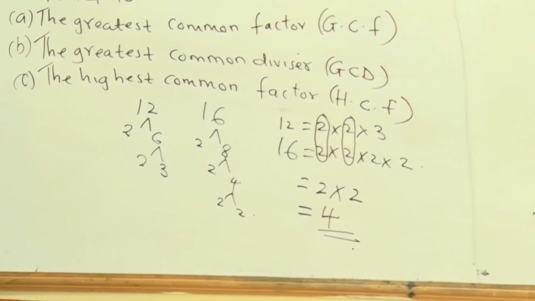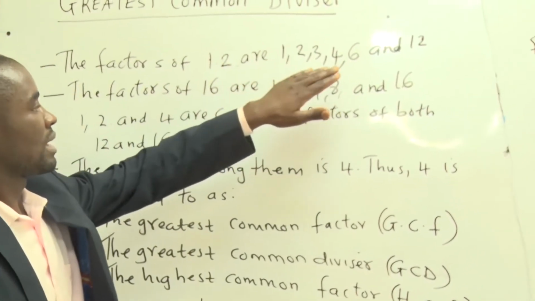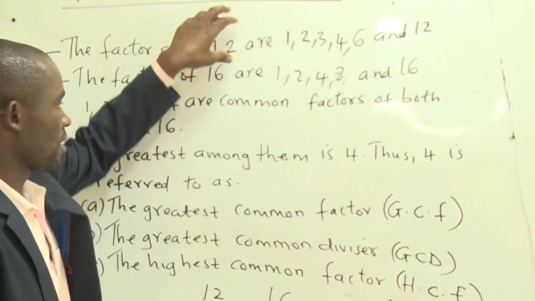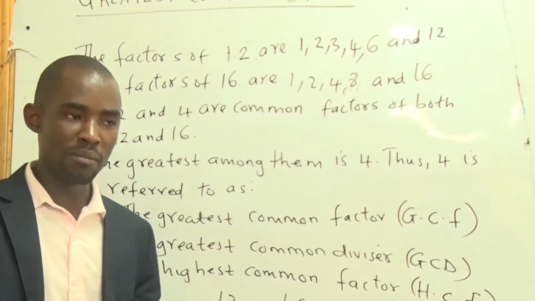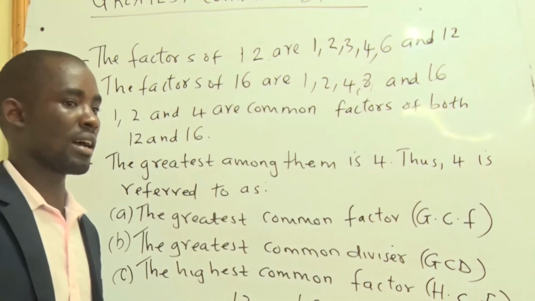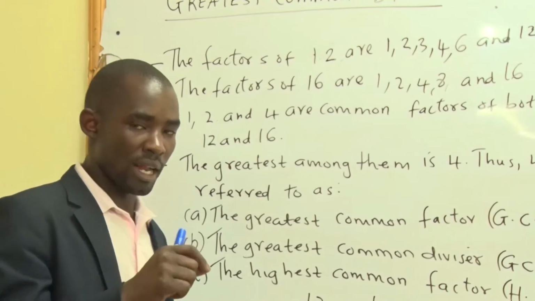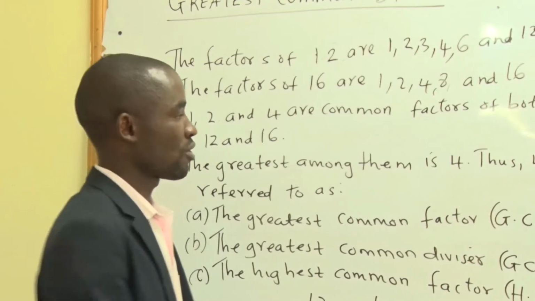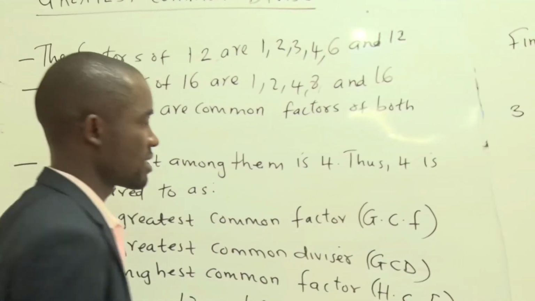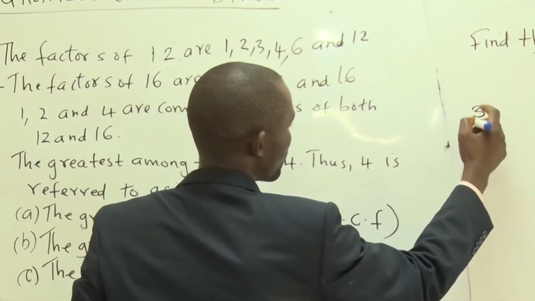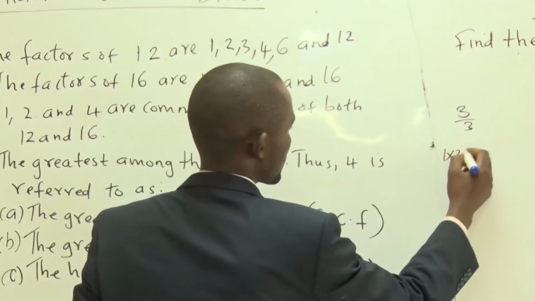So what we have done is get the prime factors of 12 and the prime factors of 16. Remember, a prime number is a number that has 2 factors, that is 1 and itself. 3 is a prime number because only 1 and 3 will divide it, meaning it only has 2 factors.